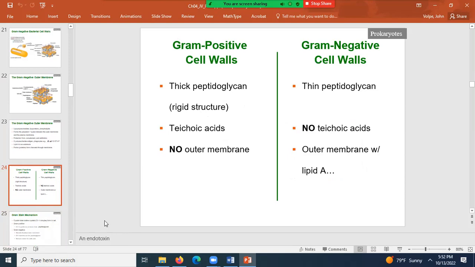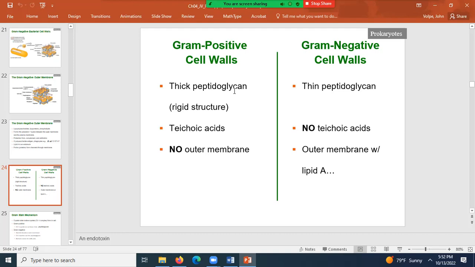If not, let's compare the gram-positive cell wall to the gram-negative cell wall. Gram-positive cell wall has a thick peptidoglycan layer. The gram-negative cell wall has a thinner peptidoglycan layer, but if it has a cell wall, it does have a thin peptidoglycan layer. And that's more than one layer of peptidoglycan, which is the way your textbook shows it. It's actually many layers of peptidoglycan, but it's much thinner than the gram-positive cell wall.